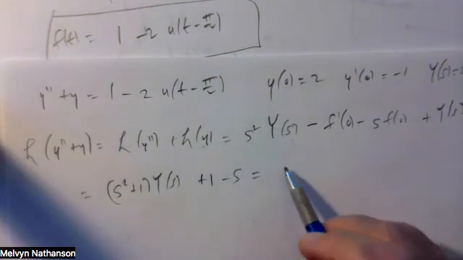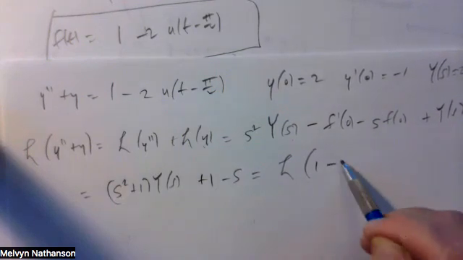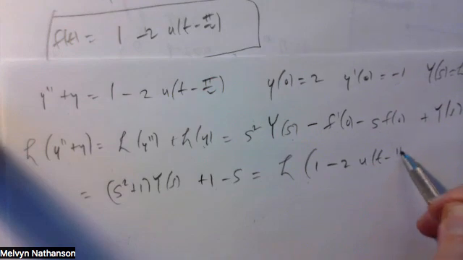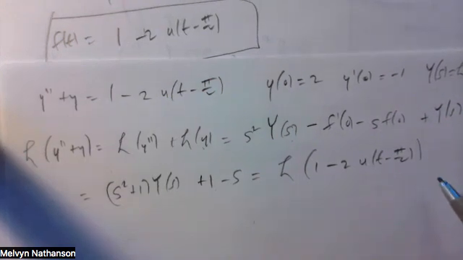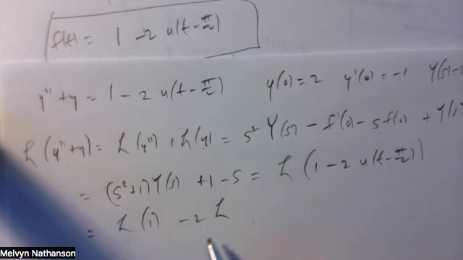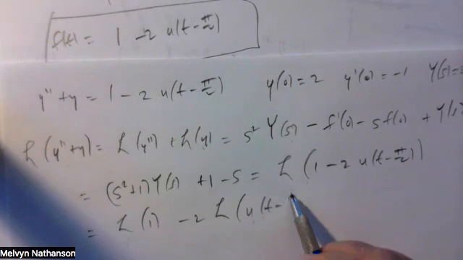And this is going to equal the Laplace transform of 1 minus 2 times u of t minus pi over 2, which is, by the linearity of the Laplace transform, the Laplace transform of 1 minus 2 times the Laplace transform of u of t minus pi over 2.